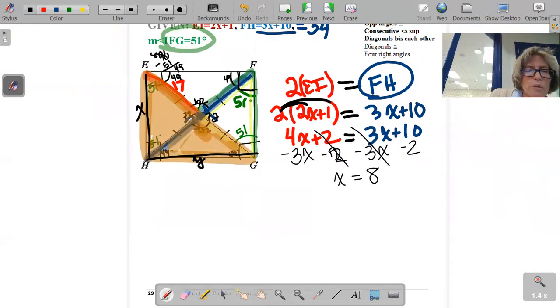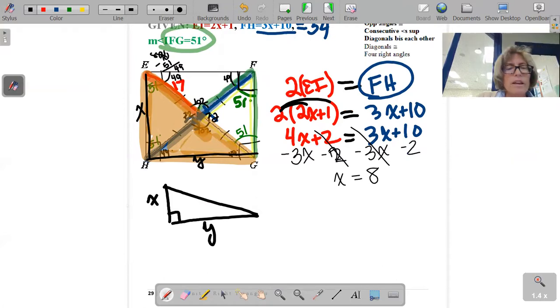There's so much information just because you have a right triangle. I'm going to pull this out. We have X and Y. Now, we can work with 51 or 49. It doesn't matter which one. You can totally choose. I'm just going to pull the 49 just for giggles.